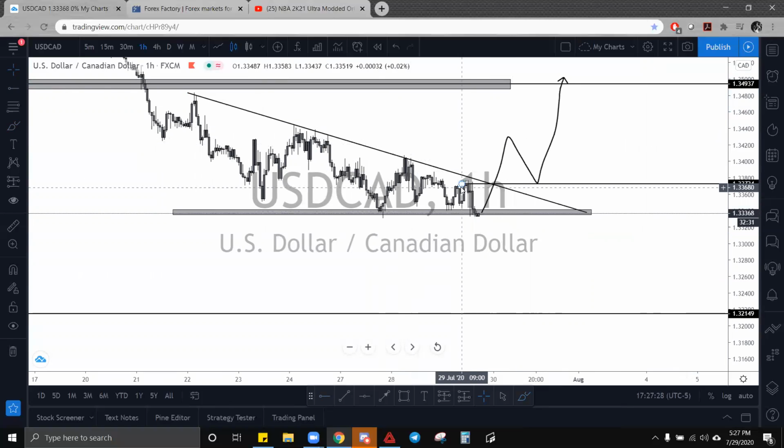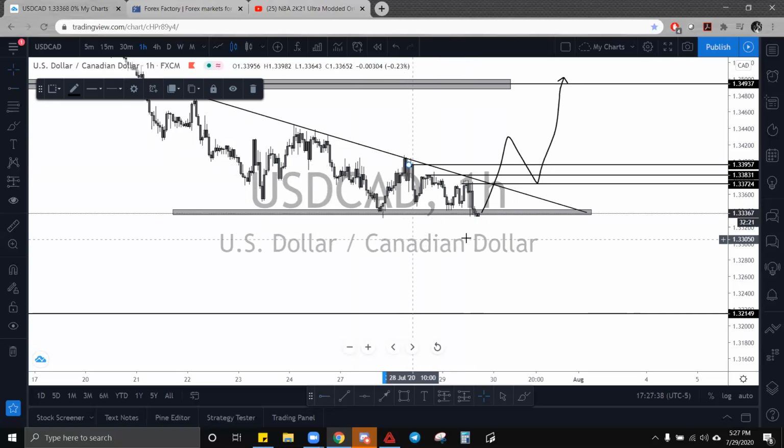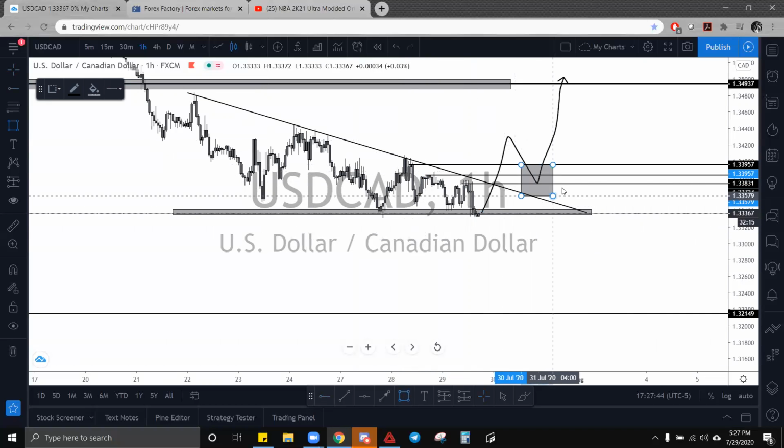But if it was to retest, it could retest here, or here, or here, right? So when it breaks out, I'll be looking at this whole zone as an area of potential retest structure.